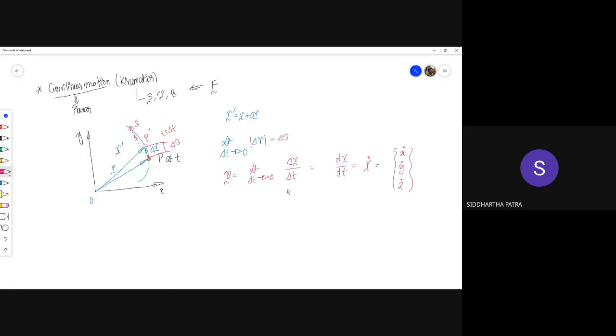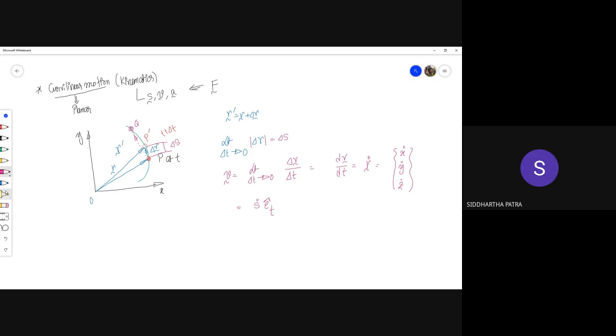Okay, so that's how we take the derivative of a vector. And therefore it can be written as s dot times a unit vector, and that unit vector we'll call e hat t.